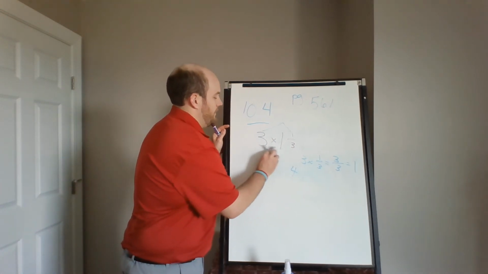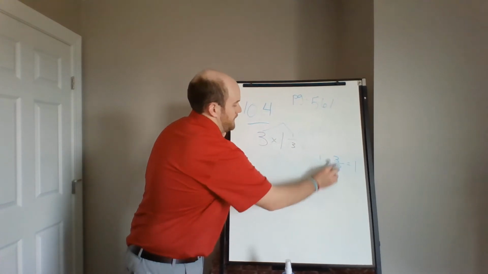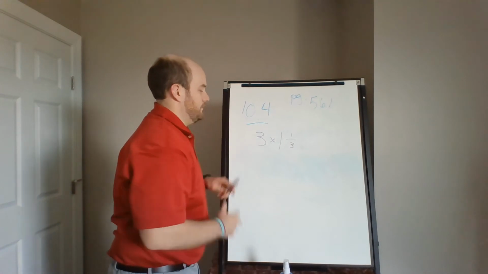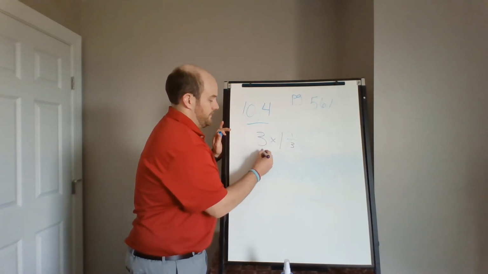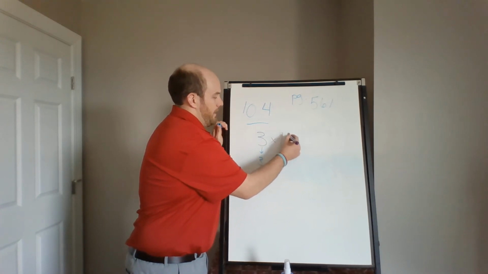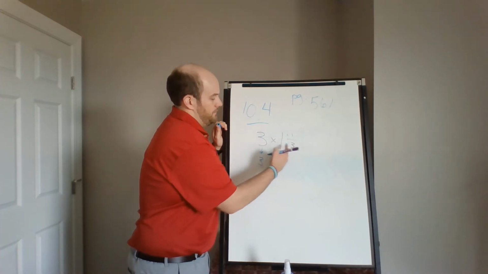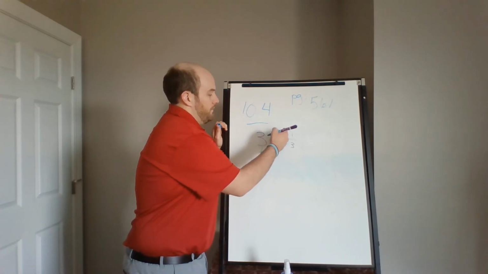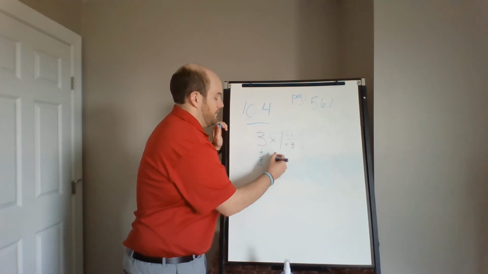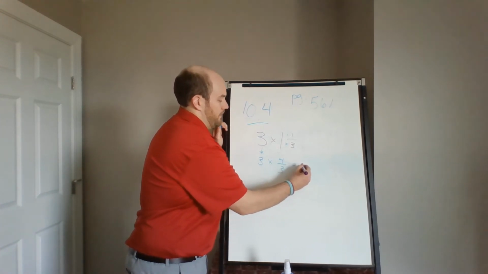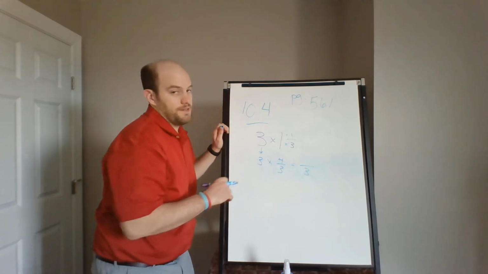How do you solve it the other way, where you take the mixed number and turn it back into an improper fraction? Remember, this number you just bring down, and you multiply the bottom, you add the top. What's 3 times 1? 3. What's 3 plus 1? 4. Our 3 as our denominator stays the same.